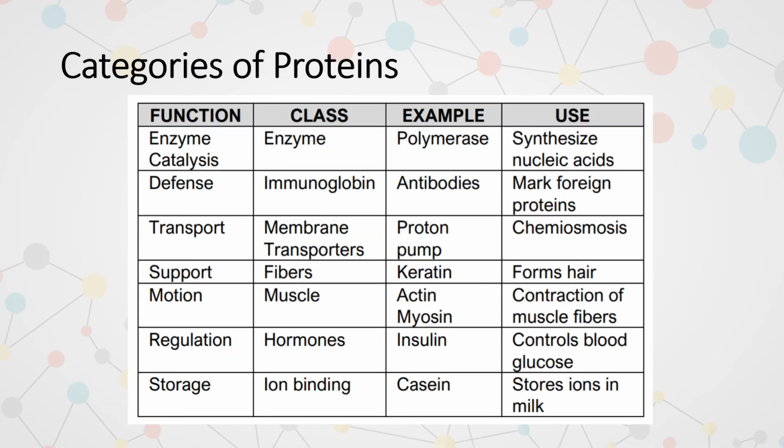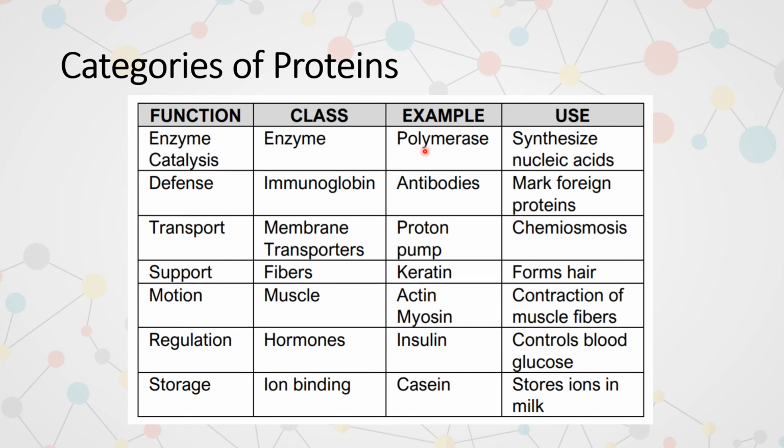So what are the examples and functions of proteins? We have enzymes. Enzyme is a kind of protein. So, ang enzyme, nagkakatalyze siya, nagpapabilis siya ng mga chemical reaction or metabolism sa ating katawan.